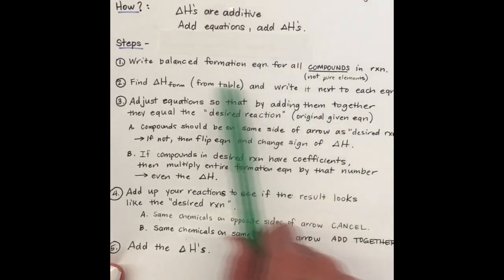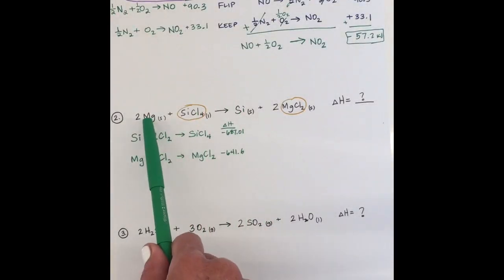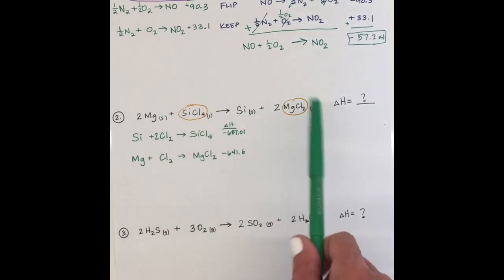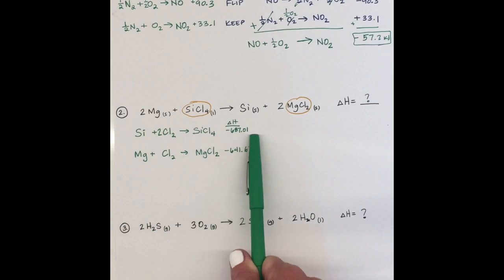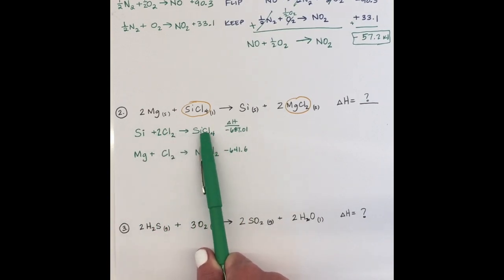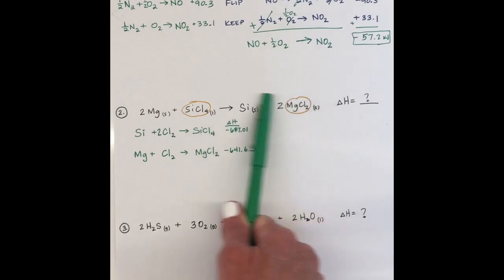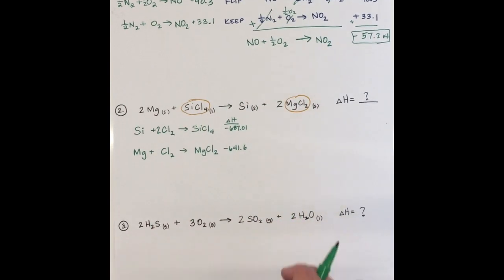Step 3 is to adjust the equation. So when we add them together, it looks like this, desired reaction. So let's look at this first equation. What do we have to do to that? Well, the way we wrote it, it's on the right side of the arrow. In my desired reaction, SiCl4 is on the left side of the arrow. So this is one where I need to flip it.